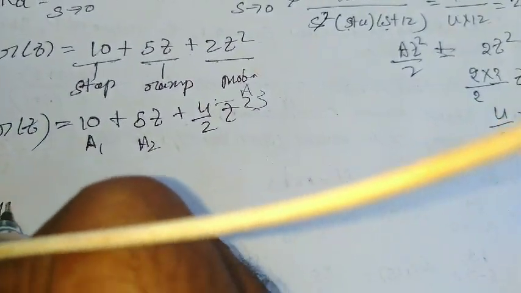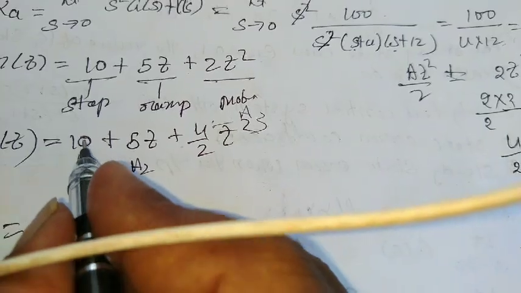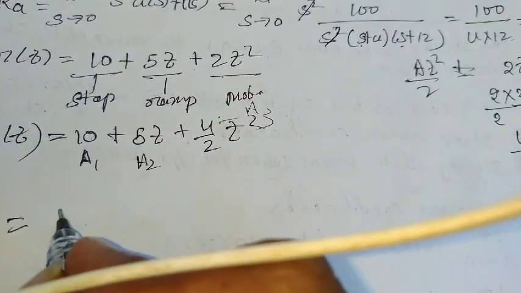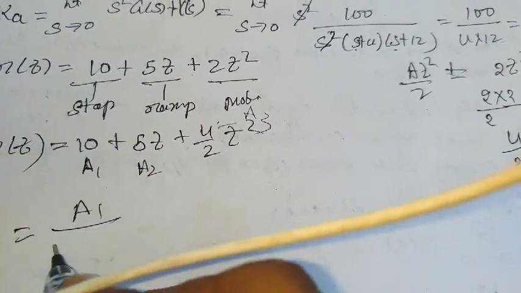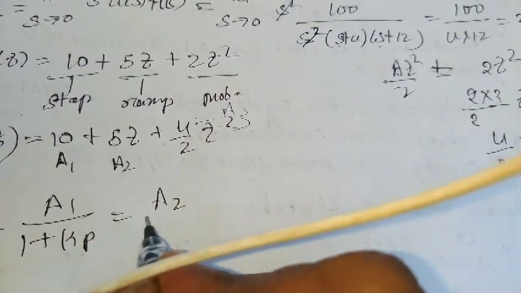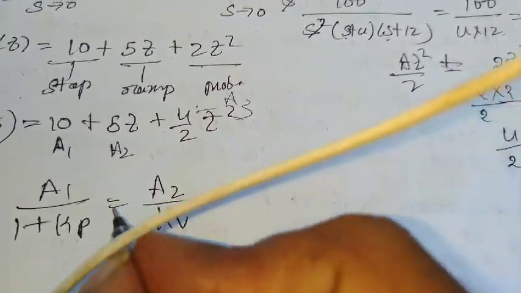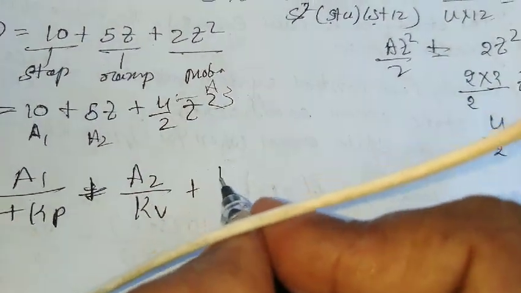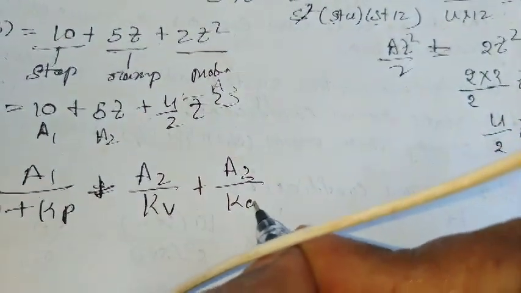So my ESS is given by, for step input 10, A1 divided by 1 plus Kp, plus A2 divided by Kv, plus A3 divided by Ka.